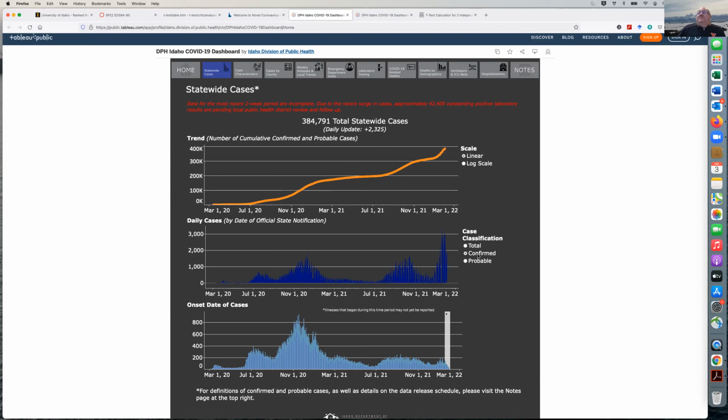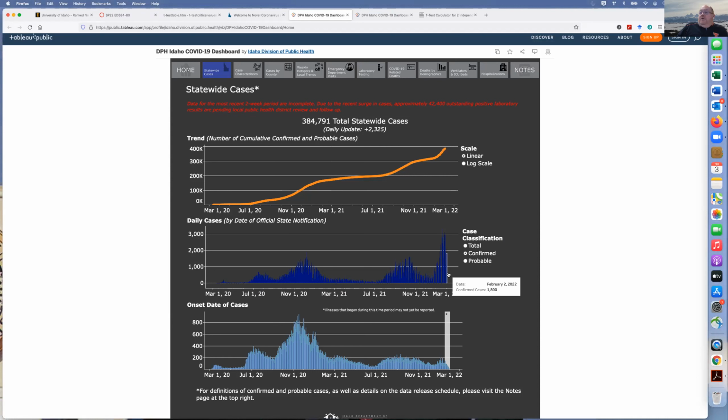My thinking is that the confirmed number is a more valid number because a test is actually confirmed that these people, like 1,800 for February the 2nd, have COVID. With probable, you're saying they've got the symptoms, they may, but the confirmed shows that they've got it. So that's the data we're going to use.